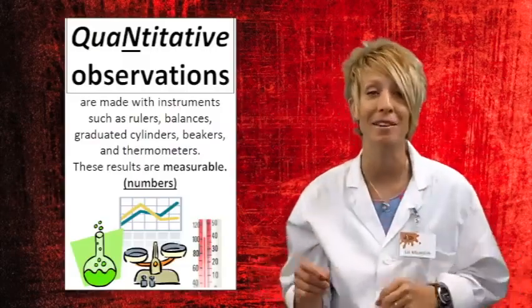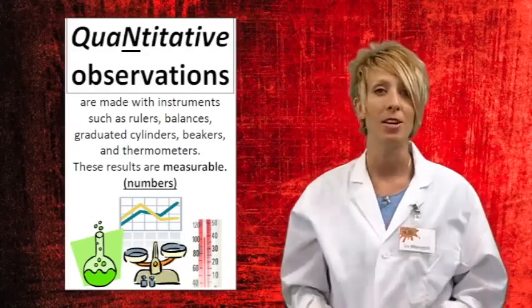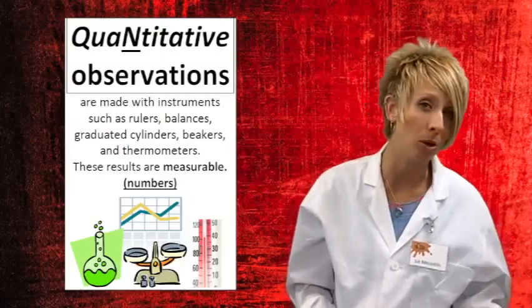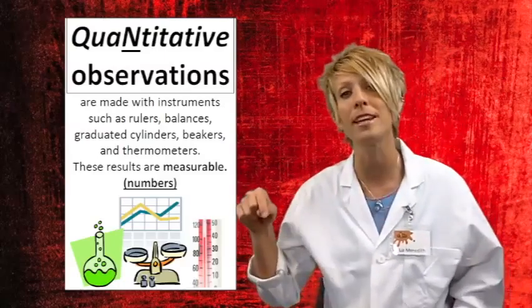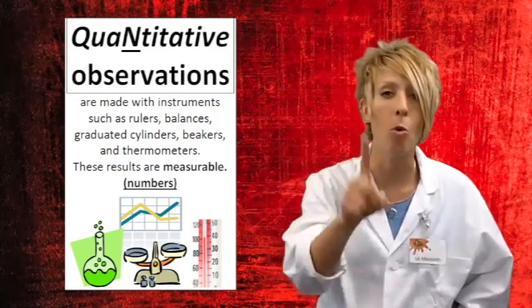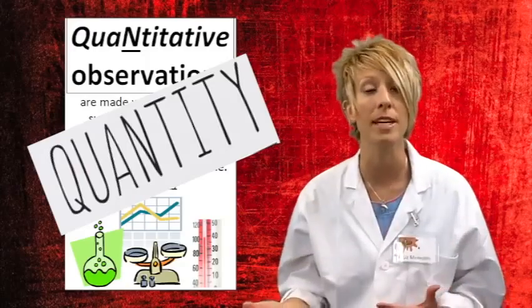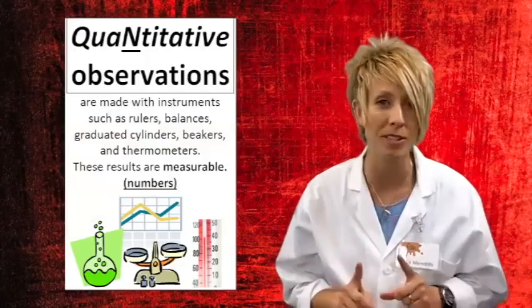The next kind is called quantitative observations or quantitative data. Notice, instead of it having the word quality, what word does it have in it? Can you find it? Quantity. If I'm trying to find out the quantity of something, it means I have to count it.